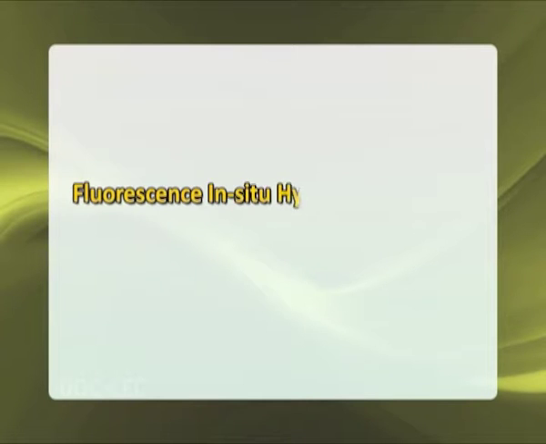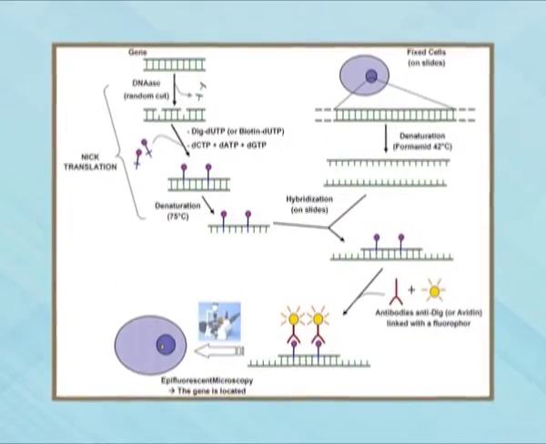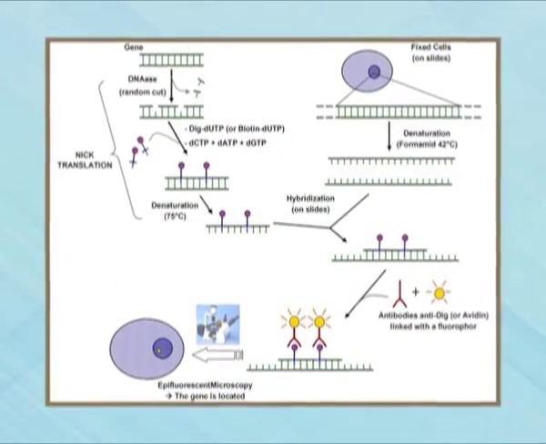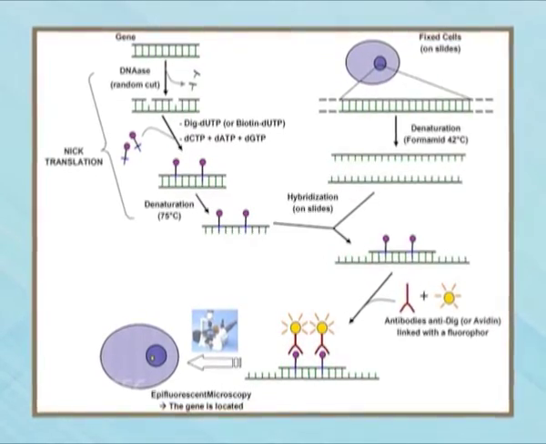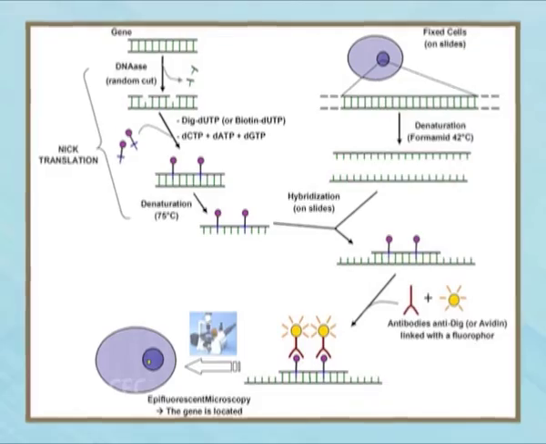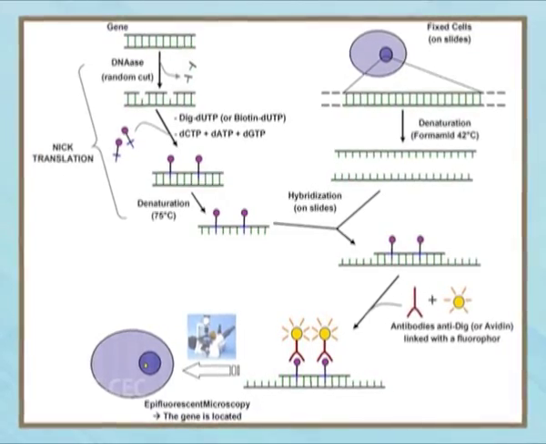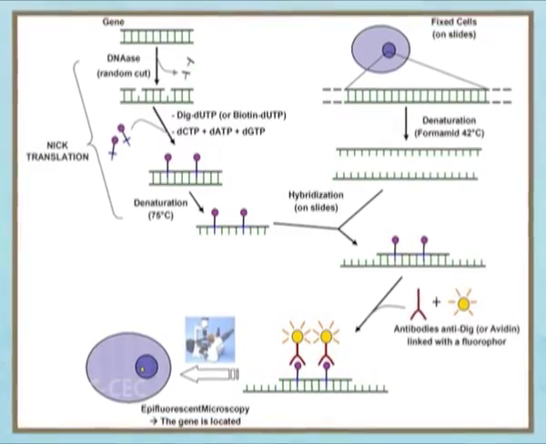Now, fluorescence in situ hybridization or FISH. Fluorescence in situ hybridization enables in situ phylogenetic identification and enumeration of individual microbial cells by whole cell hybridization with oligonucleotide probes.